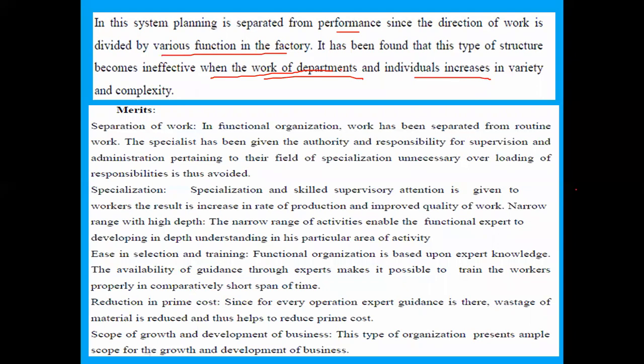So coming to the merits of this system, here also the separation of the work. In functional organization, work should be separated from routine work. You have to assign some work to a specialized person, and whatever the balance or routine work, you have to separate it from the main work. So the main work should go accordingly, and the sub work should be limited and given to specialized persons. Understood?